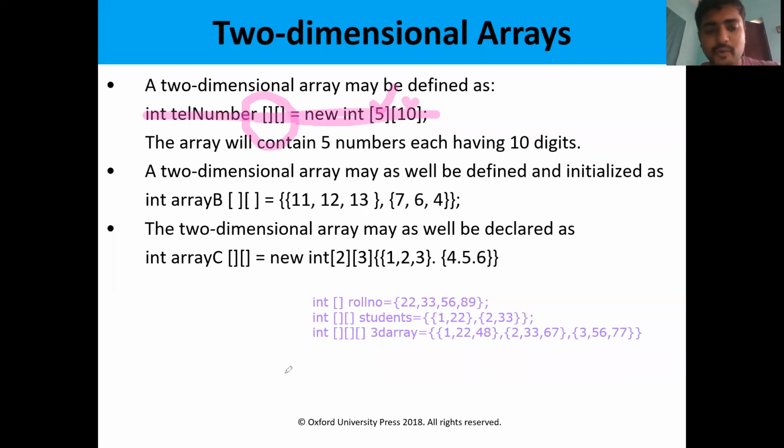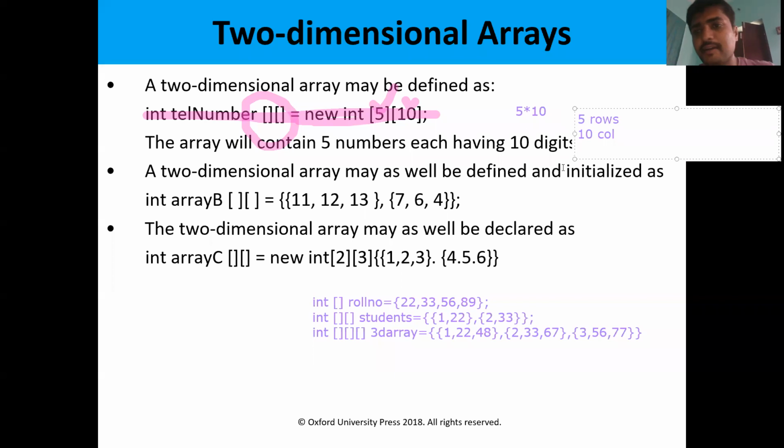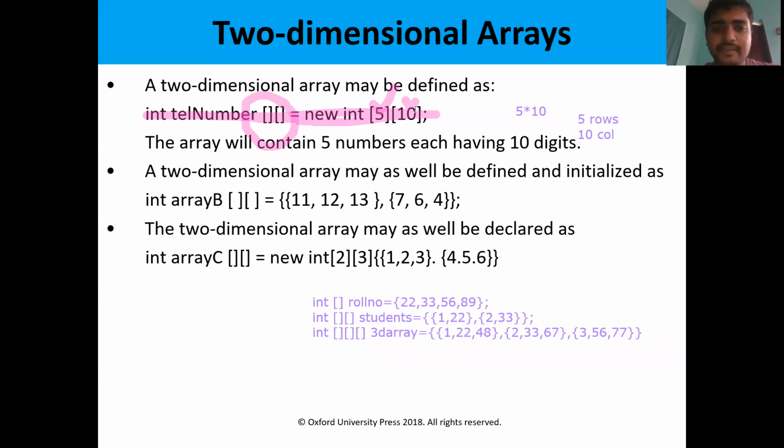That means we are going to enter a 5 by 10 matrix, that means 5 rows and 10 columns. Likewise, we can declare the sizes of a two-dimensional array.